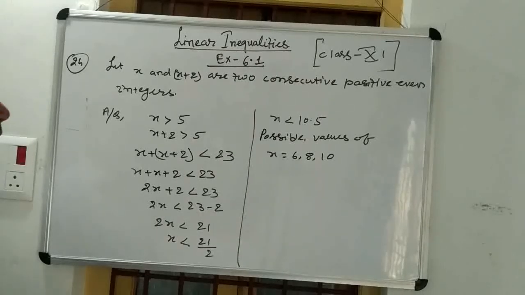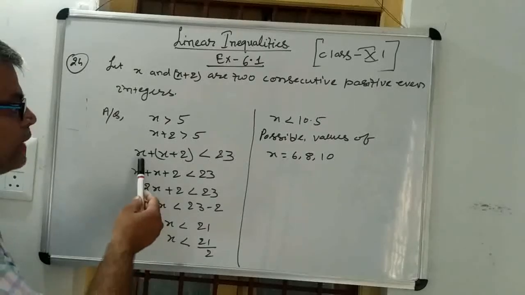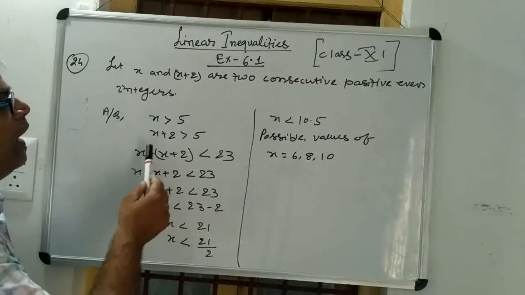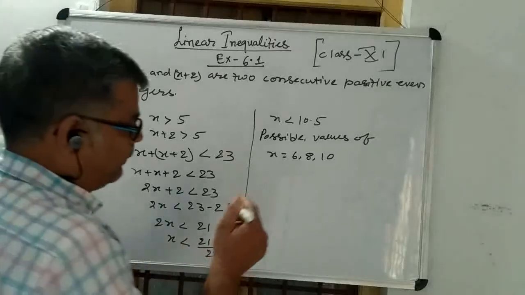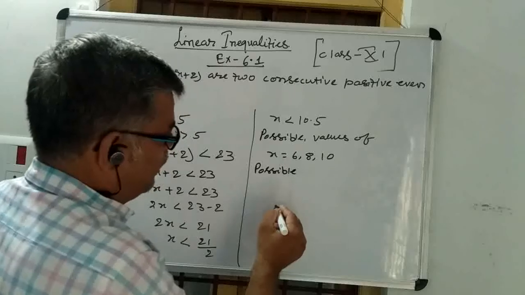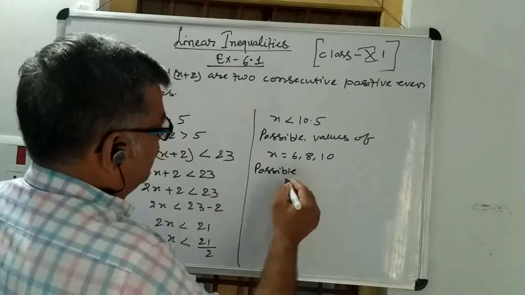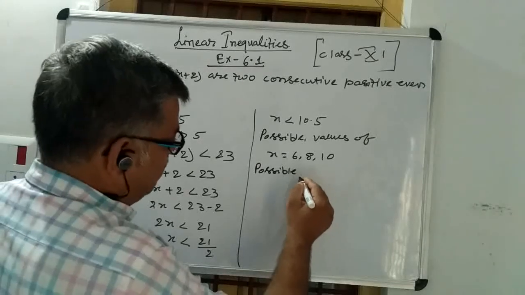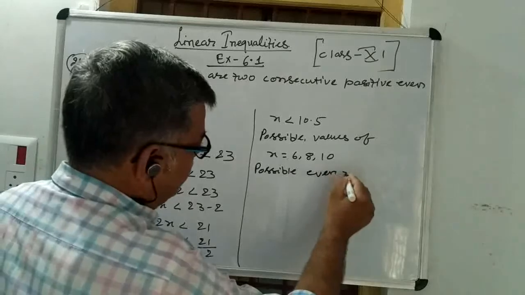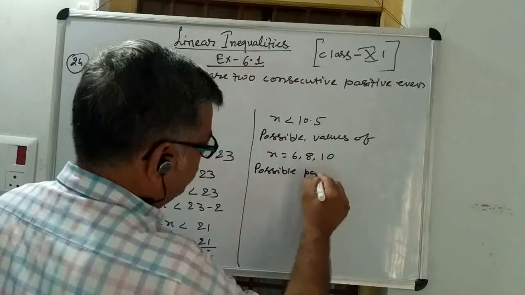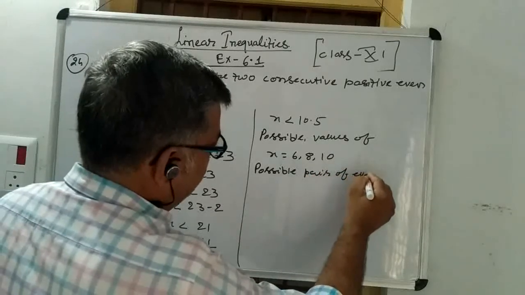Now what are the solutions of this inequality? When you take x equals 6, then x plus 2 equals 8. These are the possible pairs of even integers.